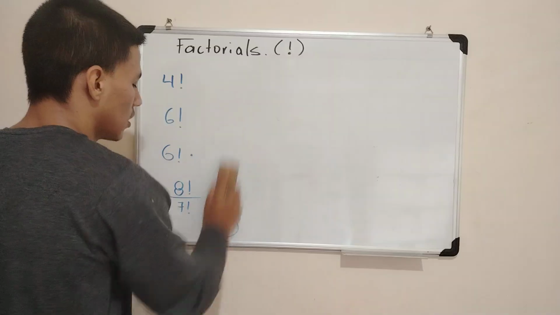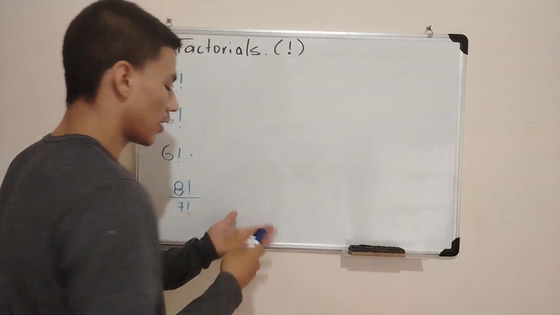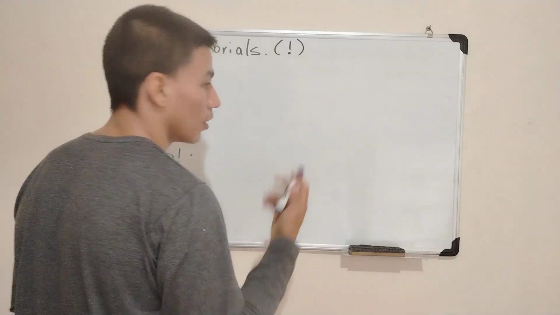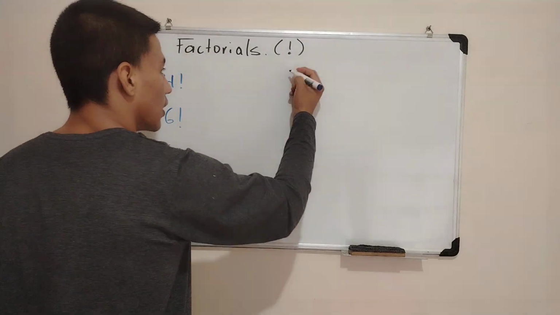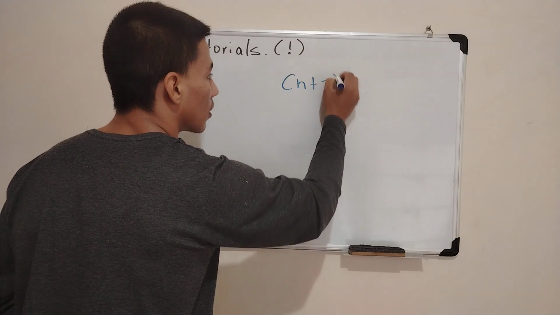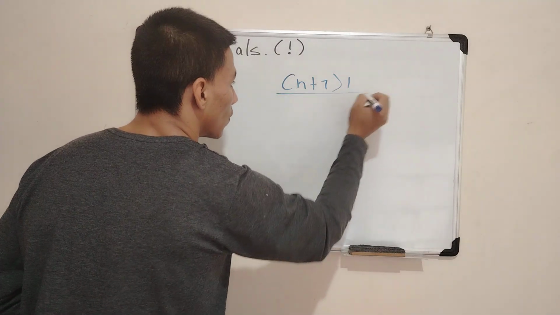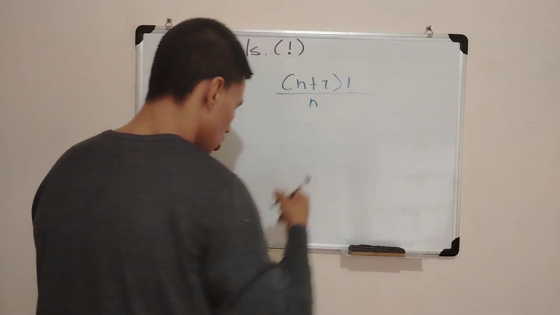So let's erase and get a space for an algebraic example. I have it here and I wrote it on the palm of my hand, by the way. Let's write it with this color: n plus 1 factorial over n factorial. Well, let's use another variable.